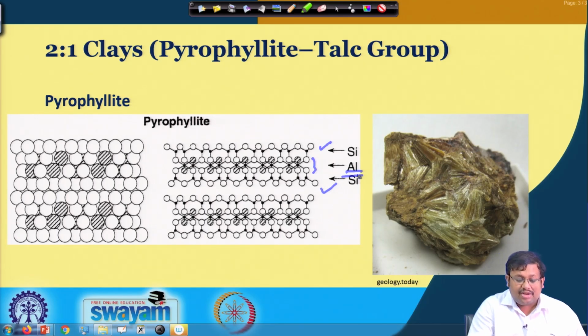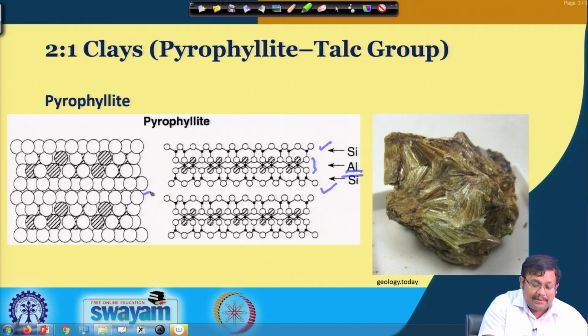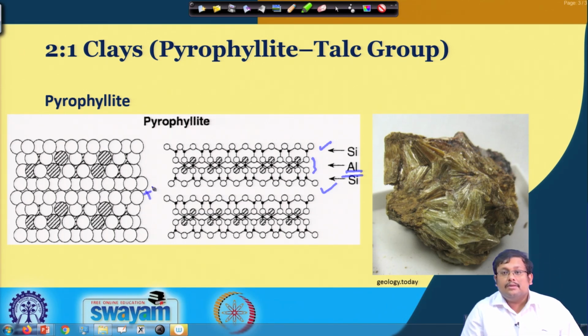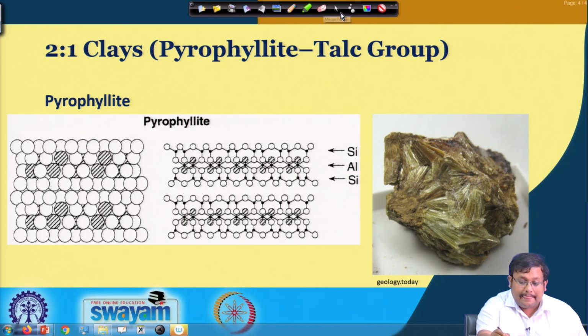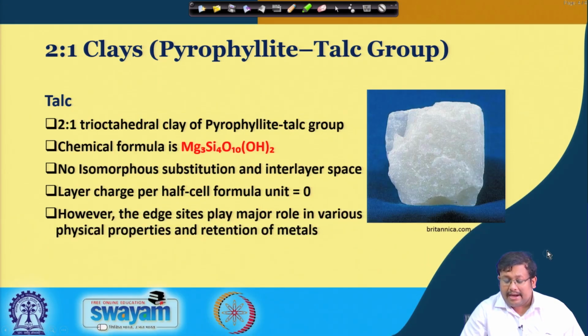This is the structure of pyrophyllite, and as you can see, between the 2 layers the interlayer space is almost 0. This is the actual pyrophyllite mineral. Let us move ahead and see another important mineral in this group. Another important mineral in this group is talc, which is also a 2:1 trioctahedral clay.